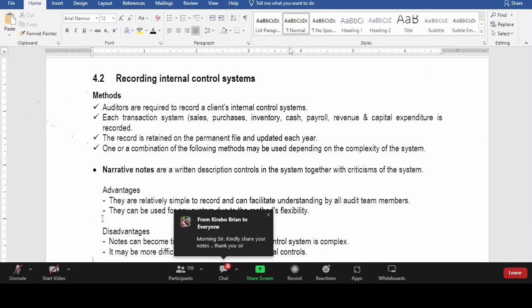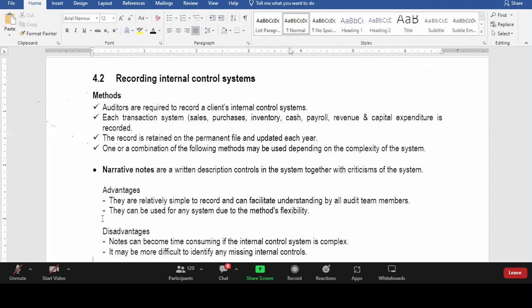The cycles in a big entity are sales, purchases, inventory; these are the transaction cycles or systems. Bank and cash, payroll, revenue and capital expenditure. So there are 6. But in a small firm, basically we have sales, purchases or expenditure, and payroll. Expenditure includes revenue and cash.